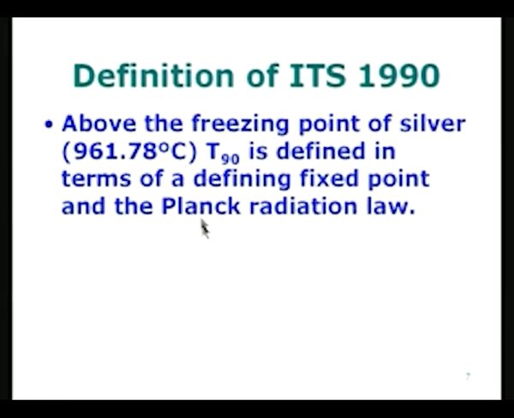And above the freezing point of silver, which is 961.78 degrees Celsius, T90 is defined in terms of a defining fixed point of that silver point and the Planck radiation law. Planck radiation law relates the emissive power of black body radiation with temperature by unique relationship, and that becomes the definition of the temperature that is above the silver point.